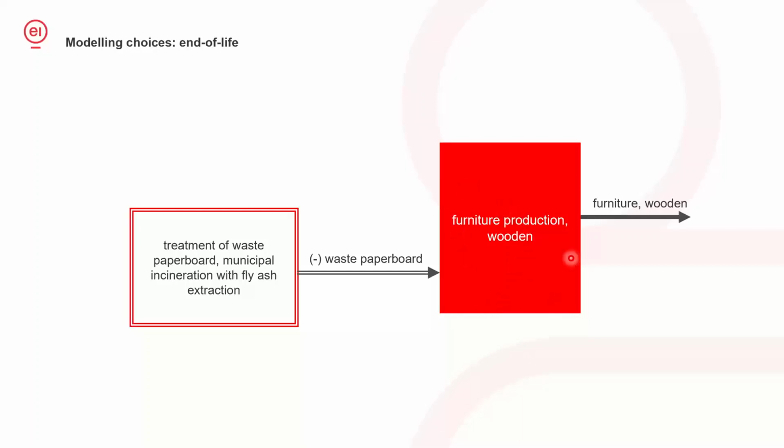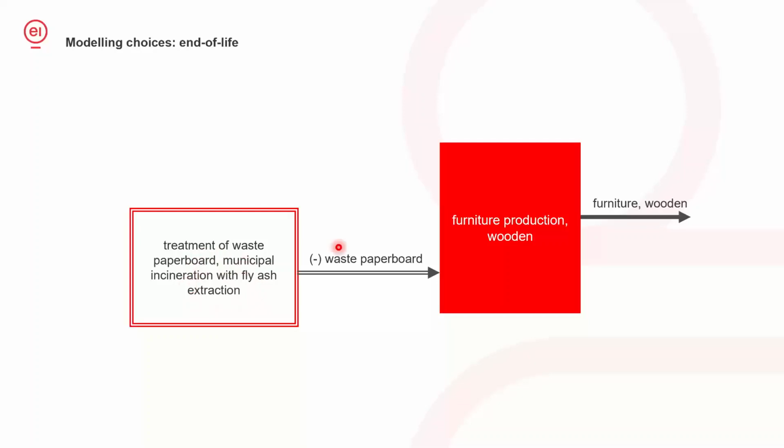We have the case of wooden furniture production, which produces as a reference product wooden furniture, and as a waste throughout the process some waste paperboard, for example from some packaging. The waste paperboard needs to be treated, and the treatment activity is a municipal incineration activity.